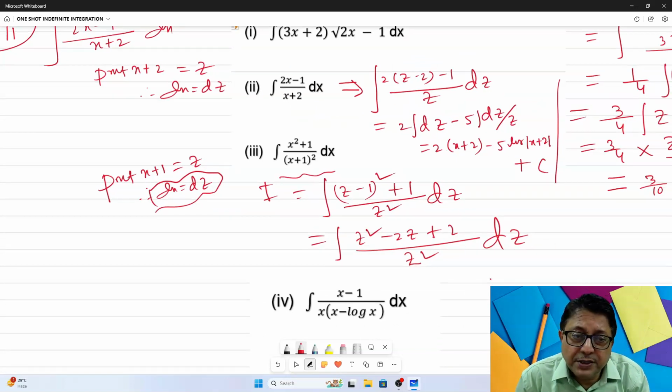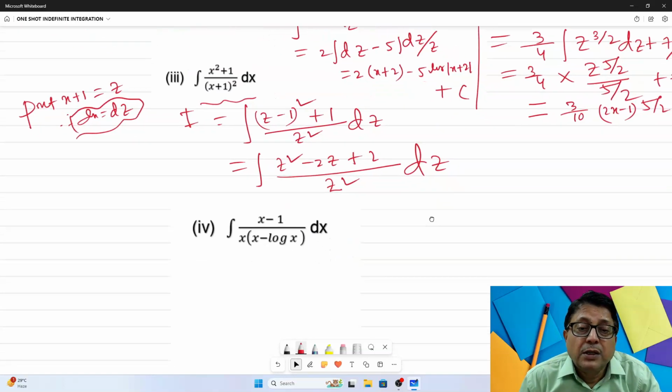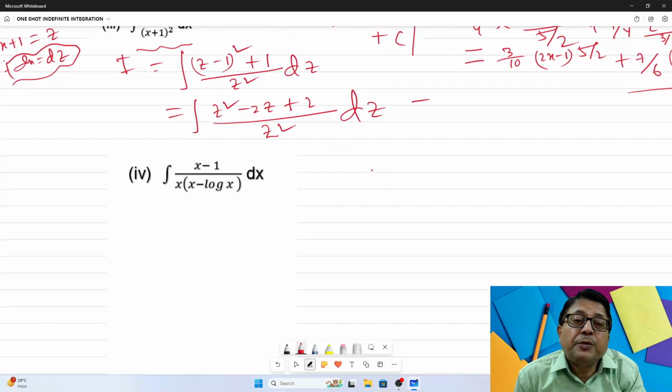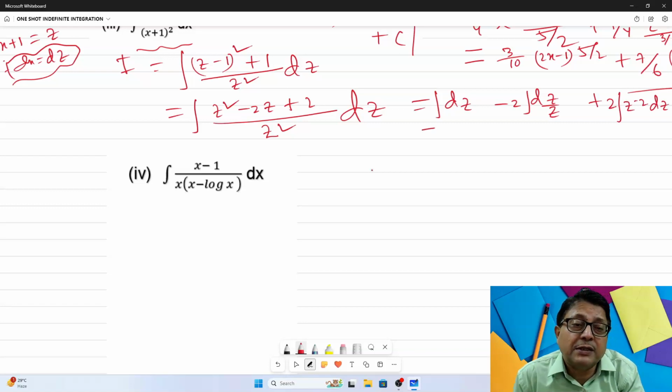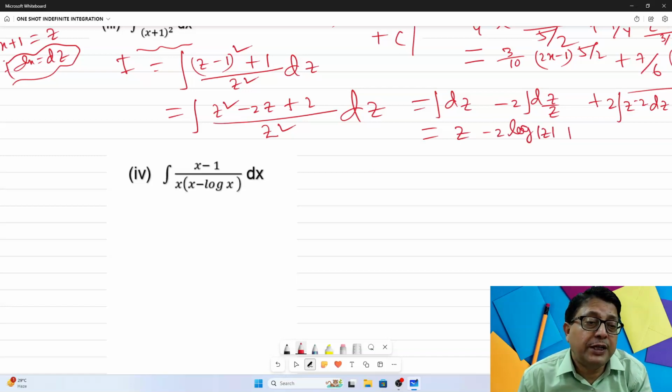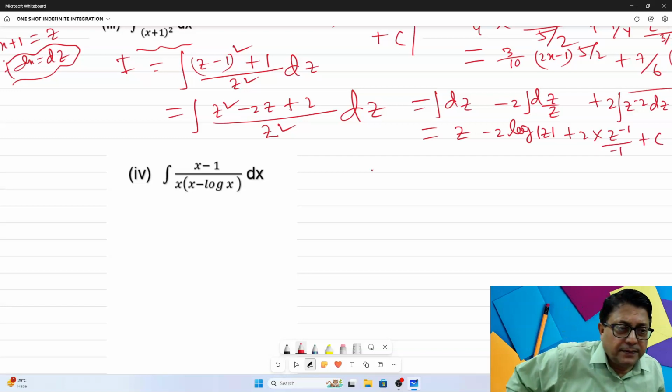Now separate, integrate and replace z by x plus 1. So this will be dz. If you separate, 1 dz, minus 2 dz by z, plus 2 z to the power minus 2 dz. You understand? It will be z minus 2 log of mod z, plus 2 into z to the power minus 1 by minus 1, plus c.